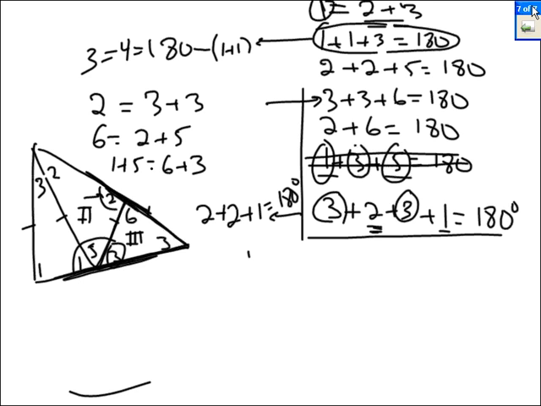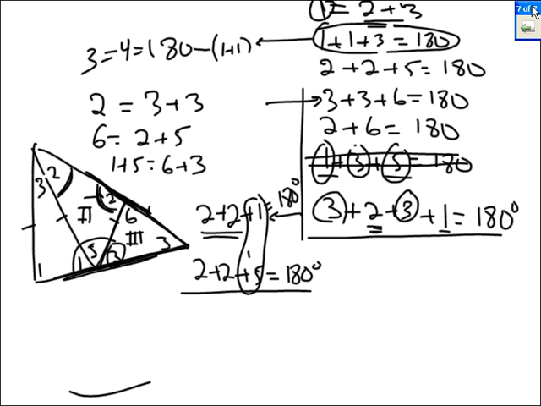Oh, did I write that down wrong? 2 plus 2 plus 1. Okay. So now, if you look at triangle number 2, you have 2 plus 2 plus 5 is 180. That means 1 and 5 are the same.